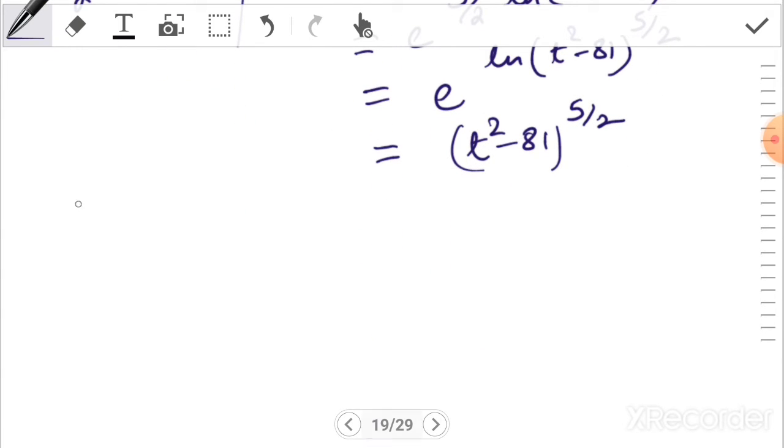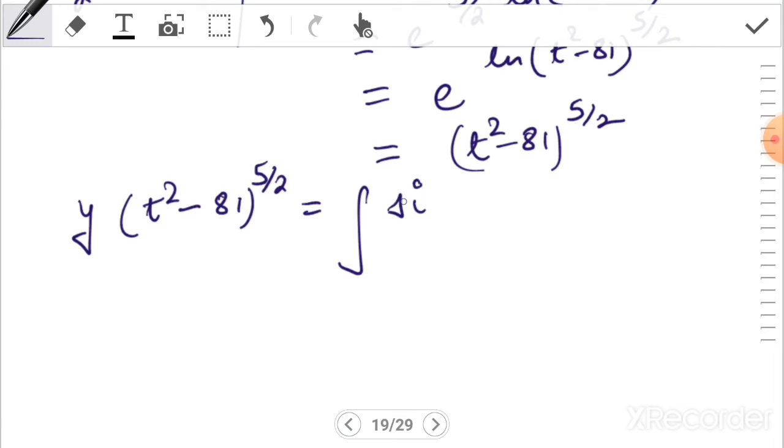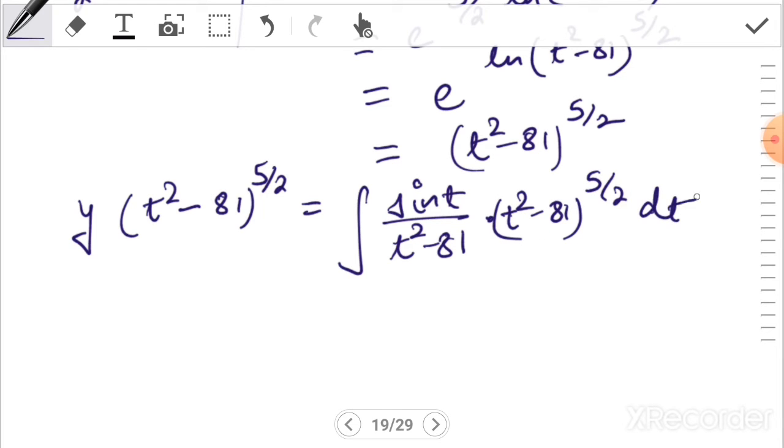Now the solution is y times the integrating factor, that is y (t² - 81)^(5/2), equal to the integral of q times the integrating factor, that is sin t/(t² - 81) times (t² - 81)^(5/2) dt.